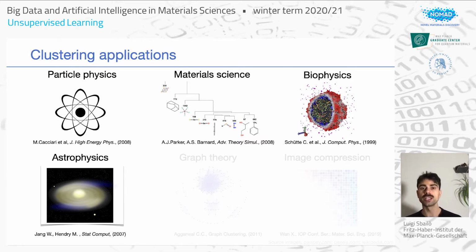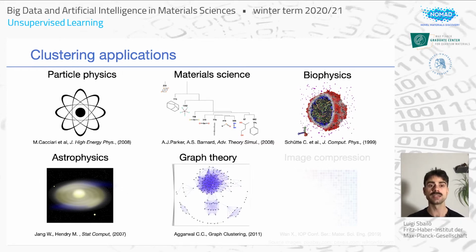As you can see already, applications of clustering are essentially on all scales of science, and it goes beyond also into more abstract fields, as in graph theory, and some applications of clustering in graph theory may be, for many, the most obvious applications, which is on social networks, for example.